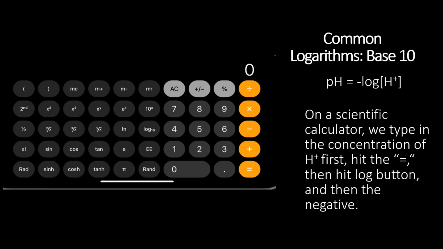In order to find pH on your scientific calculator on your iPhone, what you need to do is to type in the concentration number first, then hit the equals, then hit your log button, and finally finish it off with a negative. Then you will have a positive pH number. Let's look at some of the examples on the next slide.